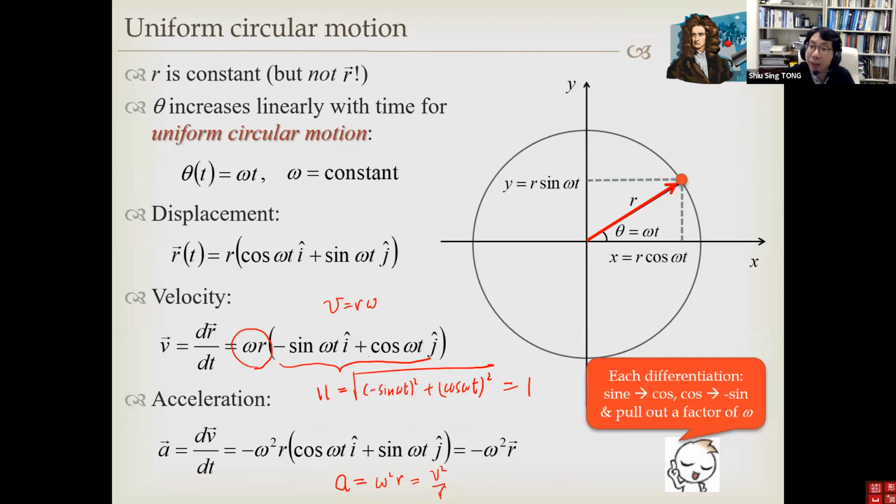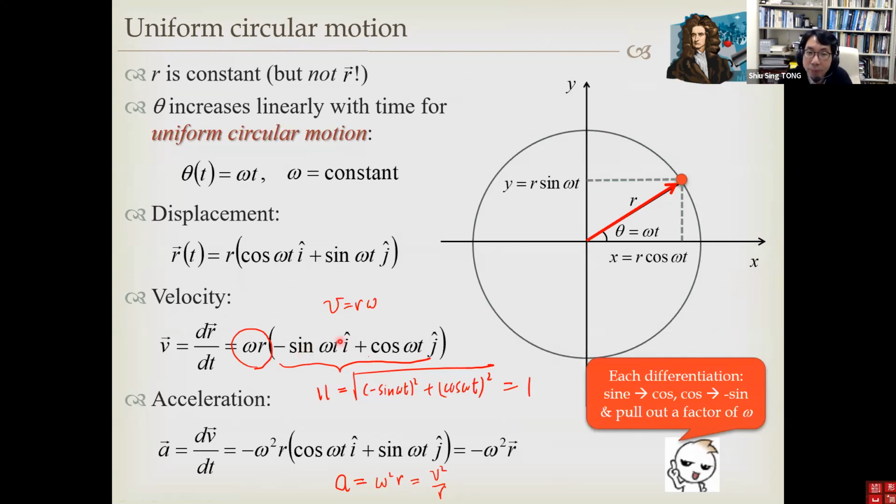So it is pointing towards the origin, which is the center of rotation. So that is the centripetal acceleration, because the acceleration is pointing towards the center of the circle, right? And that is what you learn in high school. You already derived them all here in just two lines, okay? So you can appreciate that powerful analytical method. After two lines of differentiation, you got everything, okay?